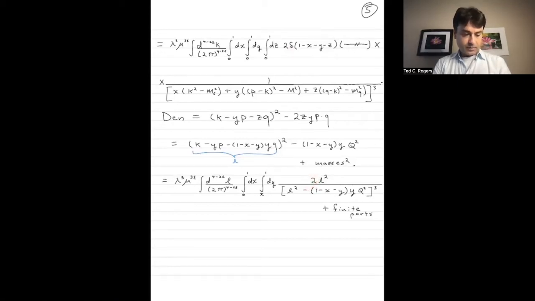And okay, we're not worrying about stuff that has masses, say in the numerator, things that aren't going to give ultraviolet divergences. We don't care about those if we're getting the 1 over epsilon pole. So I'm just going to write plus finite parts. I'll be dropping anything that doesn't contribute to the 1 over epsilon poles.